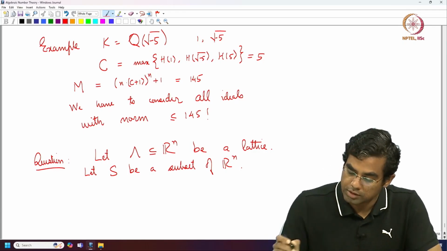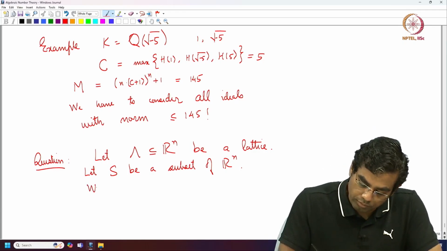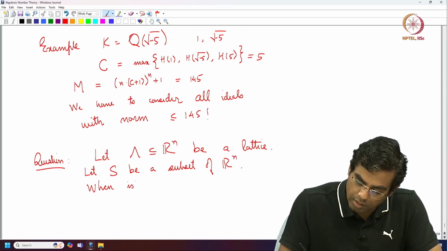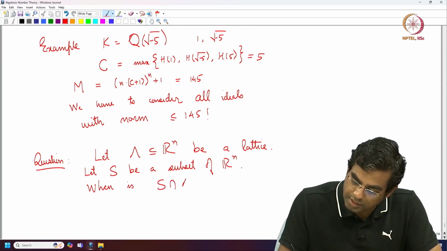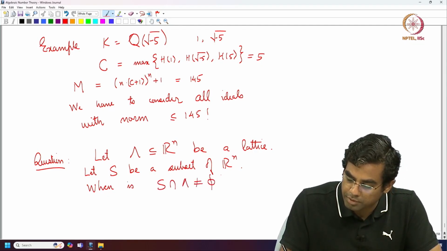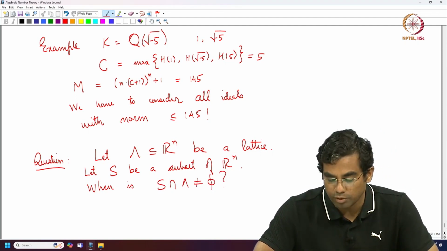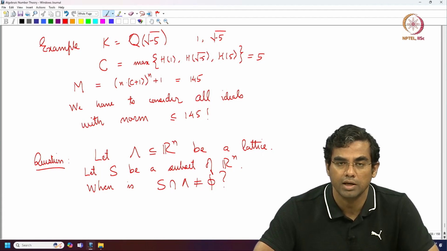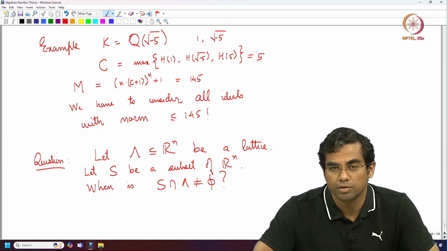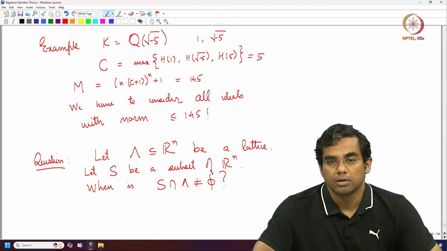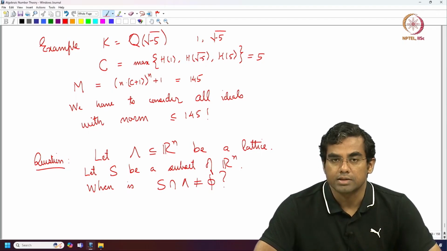And so, we want to know when S intersected with Λ is non-empty. This is a very vague question in some sense, because I have not put any condition on my subset S and any condition on Λ apart from the fact that it is a lattice.